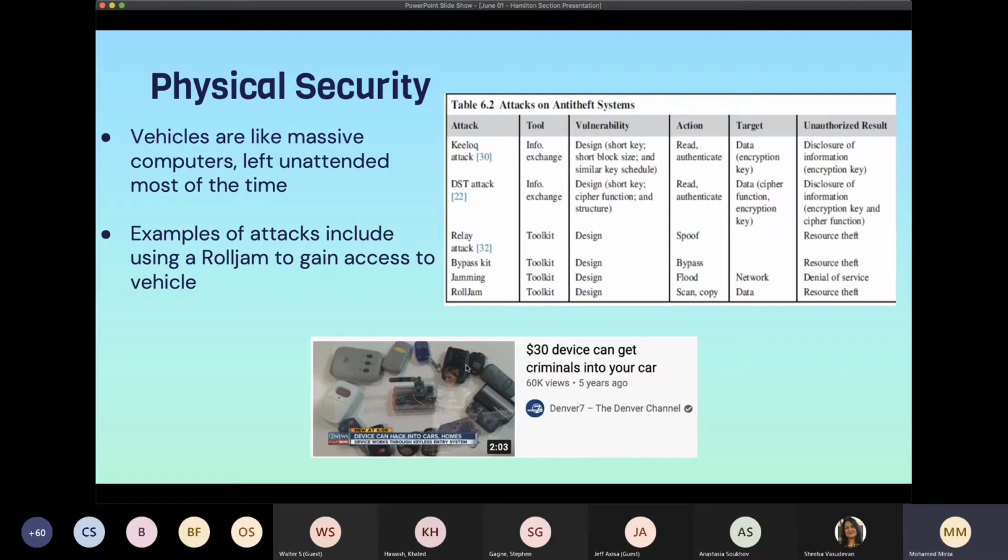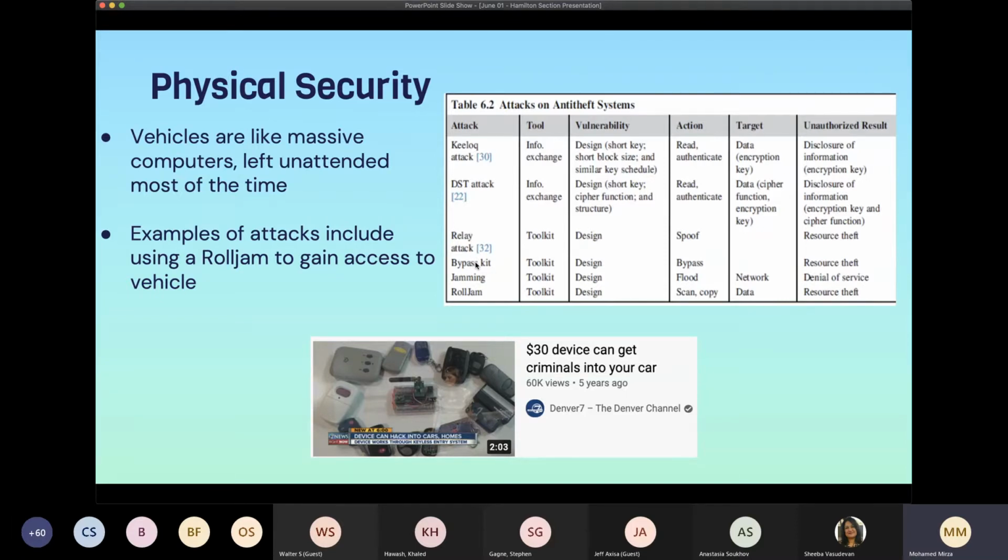It records and blocks the radio signal to the key fob and replays the action. We'll be watching a video by CBC Marketplace, a really short one right after this. An attacker just needs to put it near a target vehicle and wait for the victim to use the key fob within the radio range. Several other attacks include the relay attack and bypass kit, which are similar, however, slightly different.